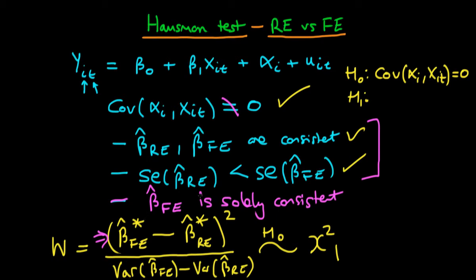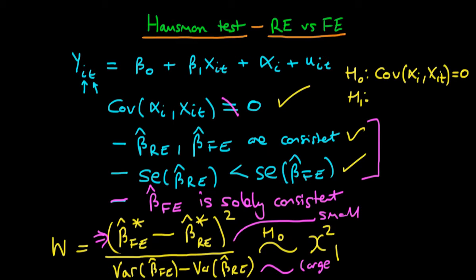Secondly, if this null hypothesis is true, then we know that the variance of fixed effects is greater than the variance of random effects. So whereas this numerator will be quite small, this denominator will be relatively large because there should be quite a big difference between the variance of fixed effects and that of random effects, which will mean that the value of W which we'll get out from this statistic will be quite small.